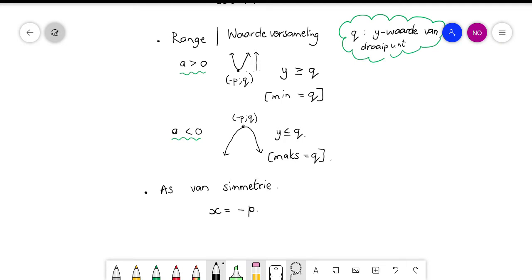And just to keep it consistent with what we have been working with this whole time, ek gaan hom maar minus p hou. But what is important is that you guys understand that negative p is the x value of the turning point.